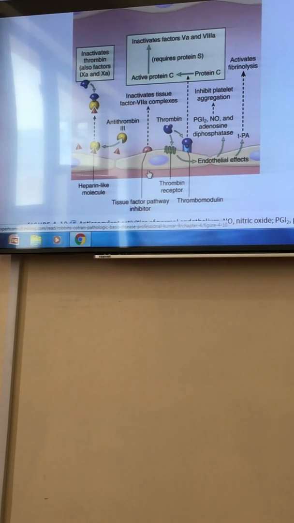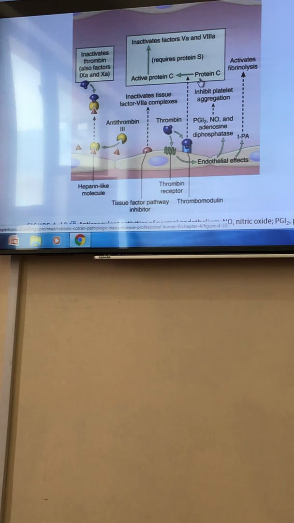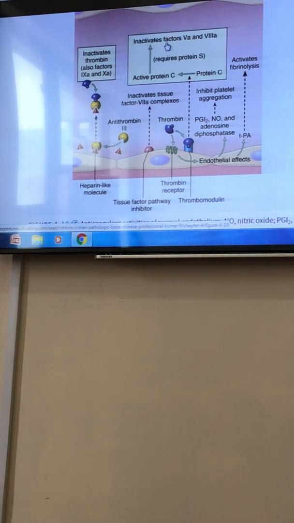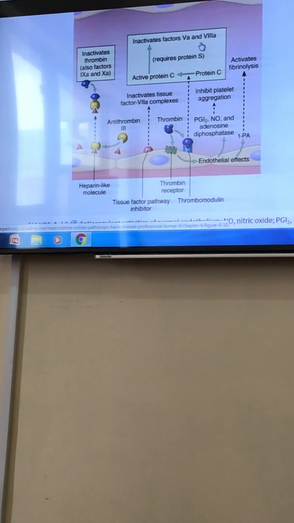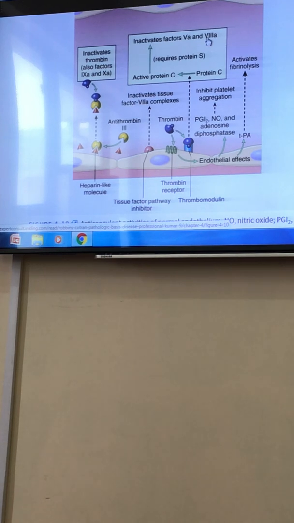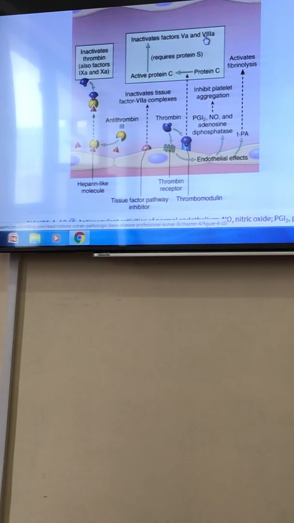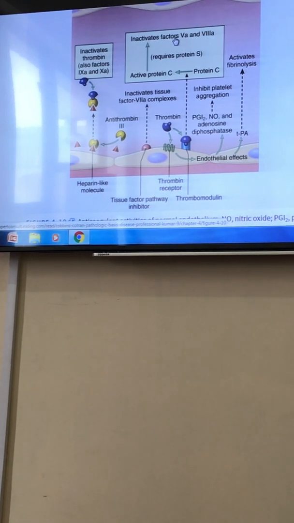And also the endothelial cell has a receptor for this protein C. There are two proteins, protein C and protein S, that can inactivate coagulation factors 5 and 8. So there are some molecules that inactivate coagulation factors, including protein C and S.